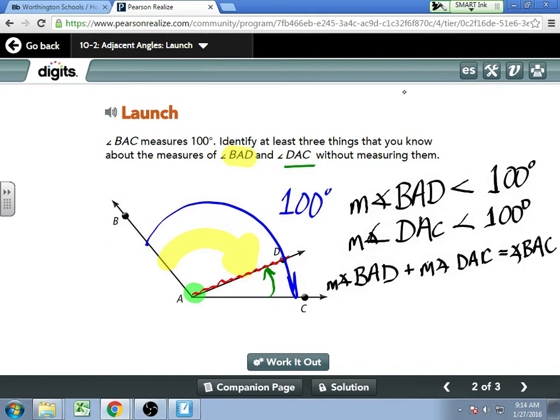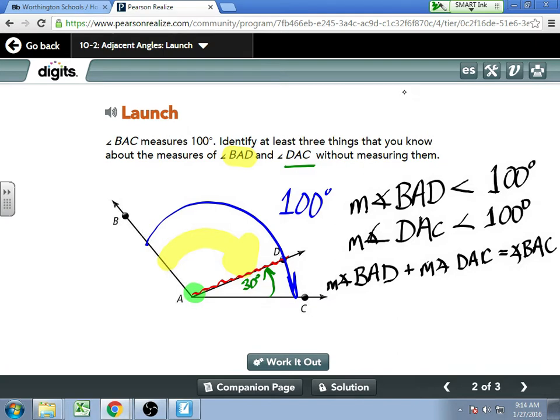Exactly. And also adjacent was one of our vocab words in language arts. Very nice. I like the cross-curricular or cross-content connections. So the big thing here with adjacent angles is those two angles will have to add up to give me that 100 degrees.